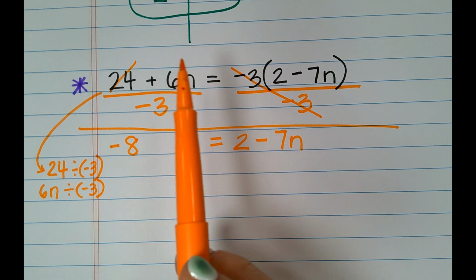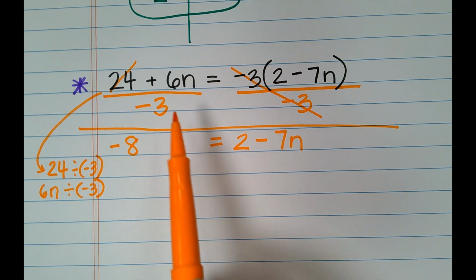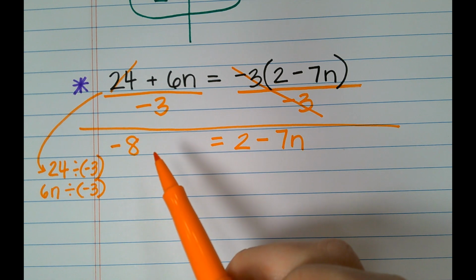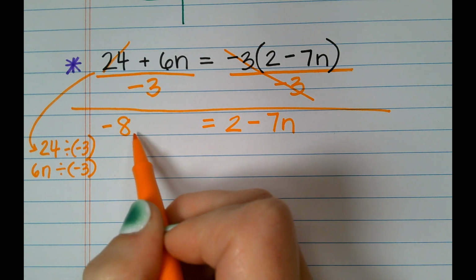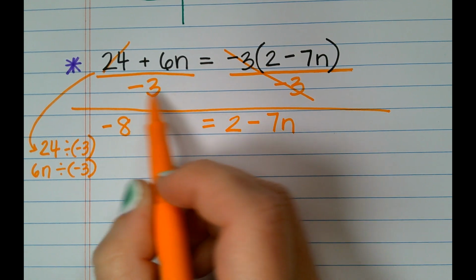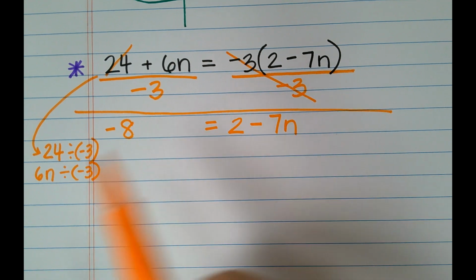Same thing with my 6n. So I'm going to get negative 2n. You don't put a negative 8 plus 2n? You can do plus negative 2n because it was a negative 3 that we divided. So it changed our signs to negatives, right?